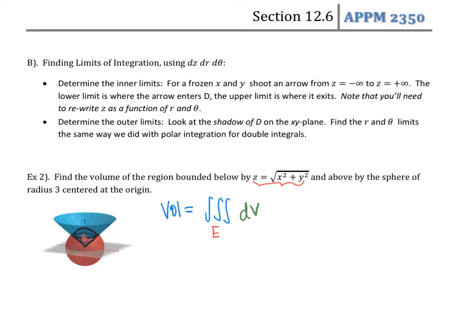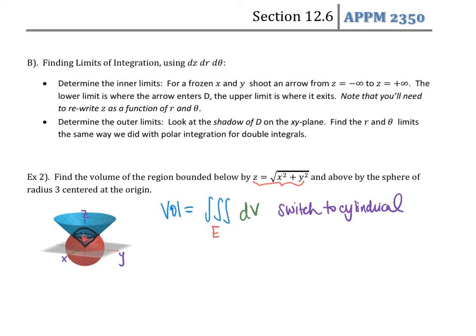Now we need to set up our bounds. And yes, I am going to tell us to switch to cylindrical, not just because this is in the section on cylindrical coordinates, but because this is an object that's a great candidate for cylindrical coordinates. Here's what you're looking for. First, you look for objects that are symmetric about the z-axis, which this one is.